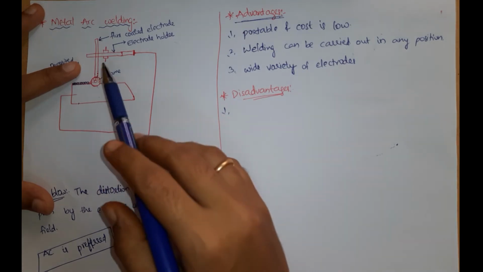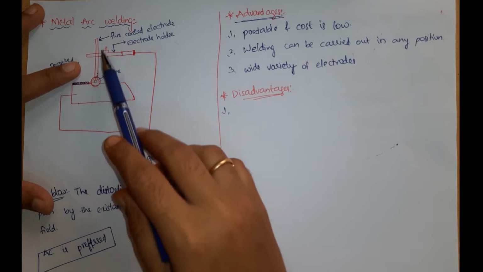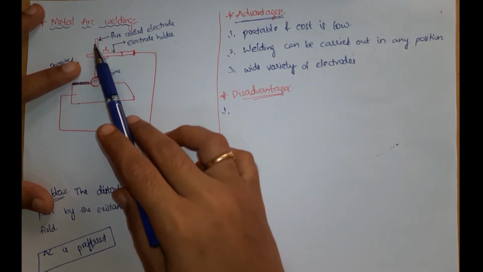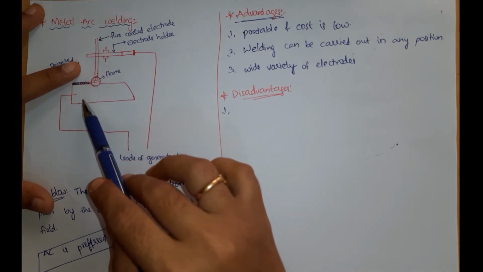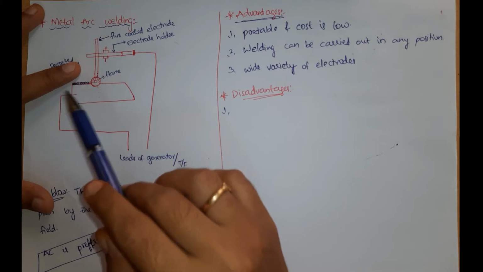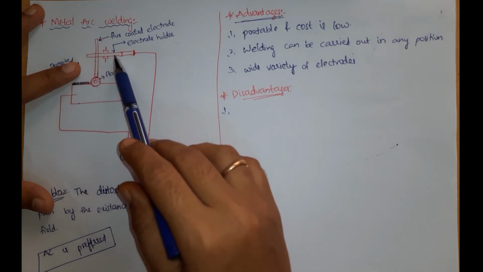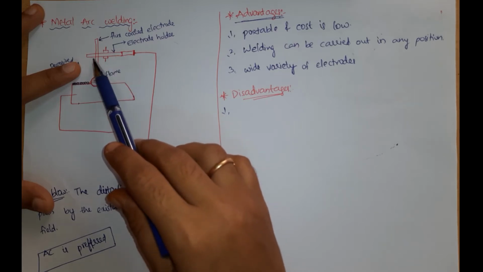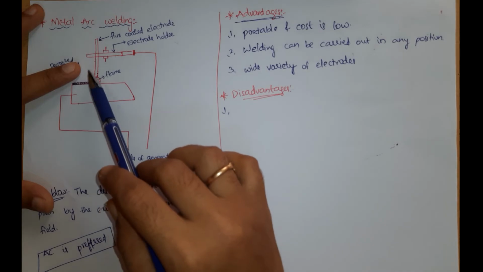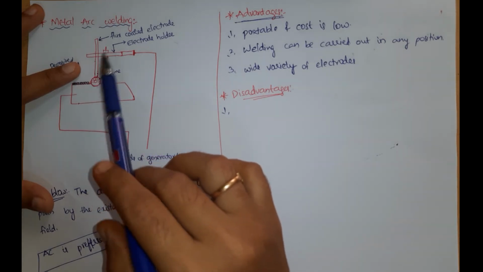Why? Because the length of this electrode is limited, right? Due to this limited length of the electrode, and also the flux coated on the electrode, which is brittle and not so strong, it must be held with some electrode holder. As it is not that strong and the electrode length is also limited, the mechanization of this kind of metal arc welding is difficult.